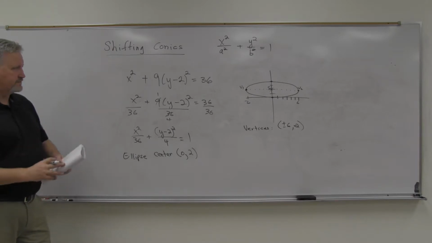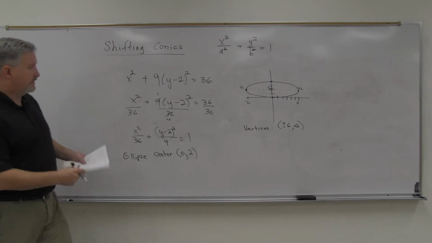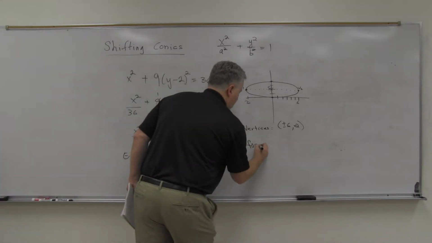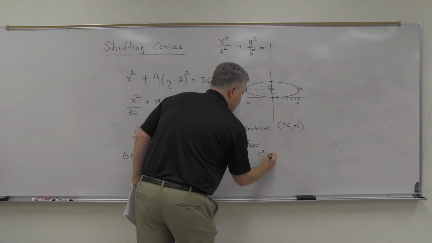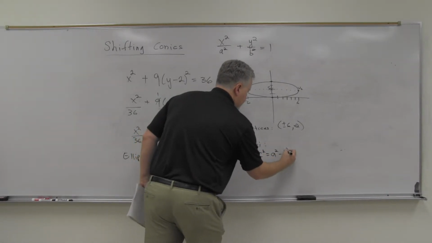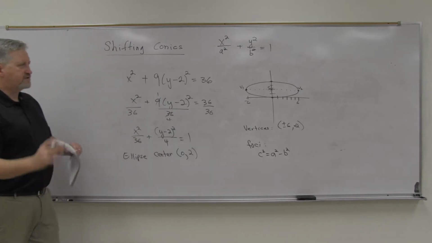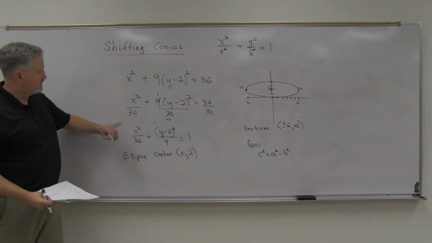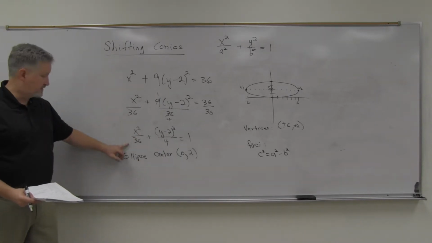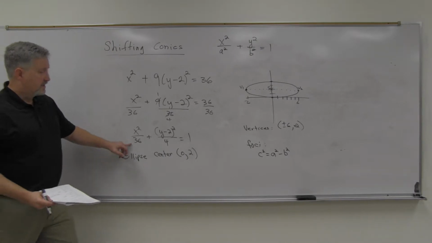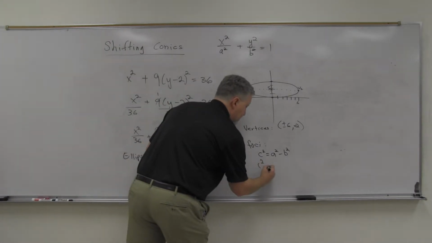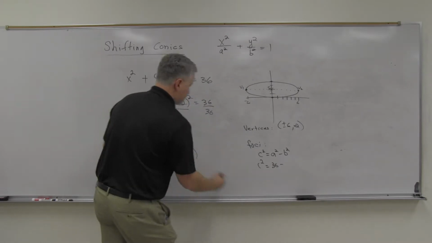And then you can figure out your foci. So for the foci, we've got c squared equals a squared minus b squared. And again, this one's the reverse of the last one because the a squared is the bigger one. In this case, the a squared is under the x squared. The a squared is 36 minus the b squared 4.